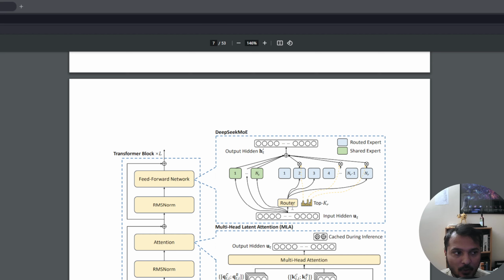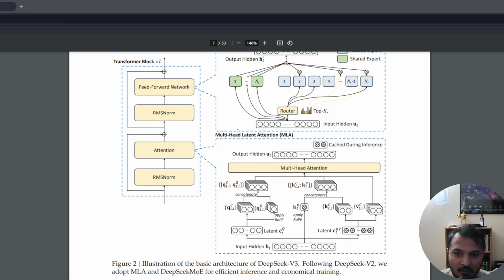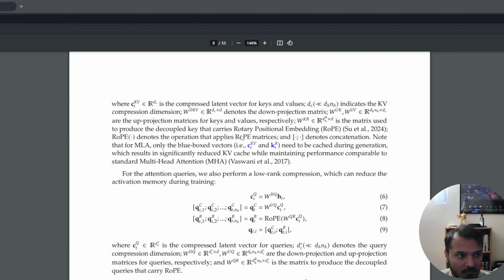But in the MOE, you have a router which selects top N experts. Here they have a few experts that are always triggered, and then a few for which we do top N. So they have this combination where some experts always trigger for tokens, and for some you do the standard MOE, and then you combine the results. That's one of the key differences.